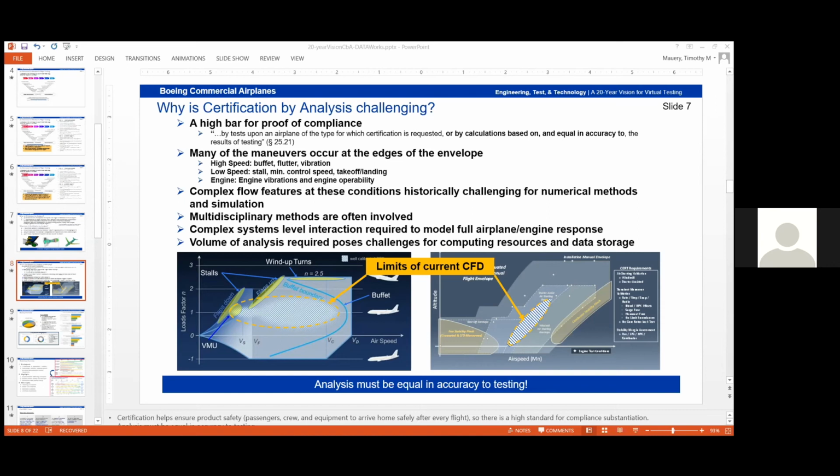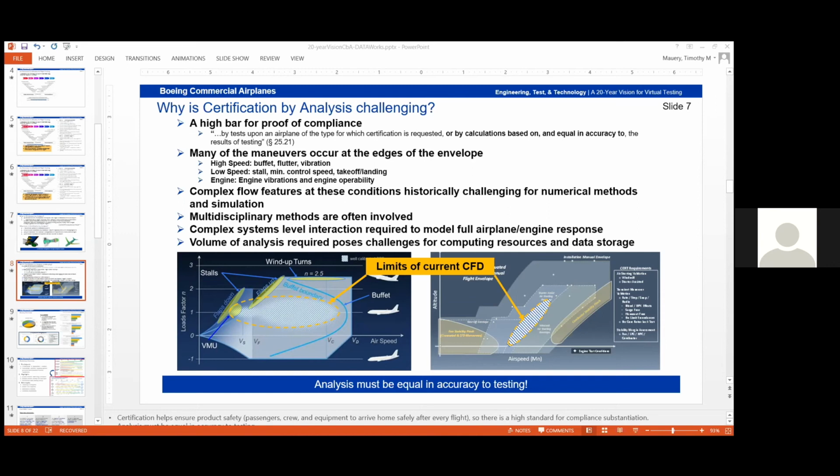One of the key elements of certification outside of flight testing is in Part 25, Section 21, which states that the analysis method has to be equal in accuracy to the testing. So we need tools that are not only accurate, but that we can also demonstrate how accurate they are.